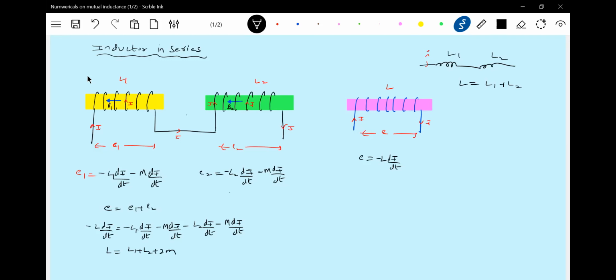So what should we call M? M depends on the coupling, where K is called the coefficient of coupling.